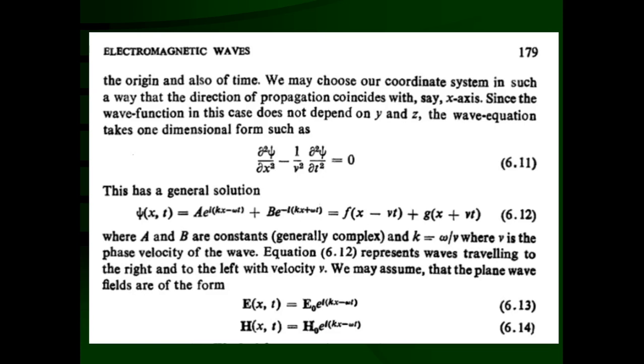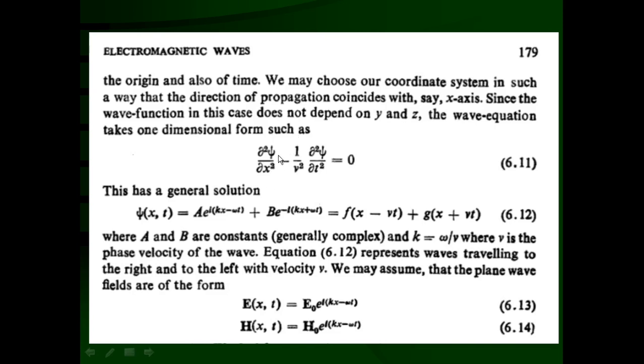And these components on a particular wavefront, at a particular distance from the origin and at a particular time, are going to be constant at all points of the wavefront, but they are a function of the distance x and t. So the wave function ψ is now a function of x and t.